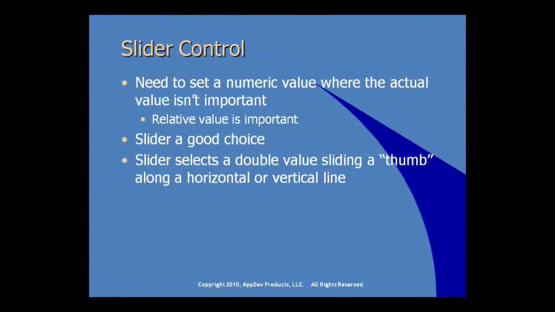The slider selects a double value by sliding a thumb across a horizontal or a vertical line. You can set the minimum or maximum properties, well, you should set both actually, for the slider. You can set the orientation to be horizontal or vertical. You can set or retrieve the value property, so you can indicate where the thumb should appear or where the user has set it.